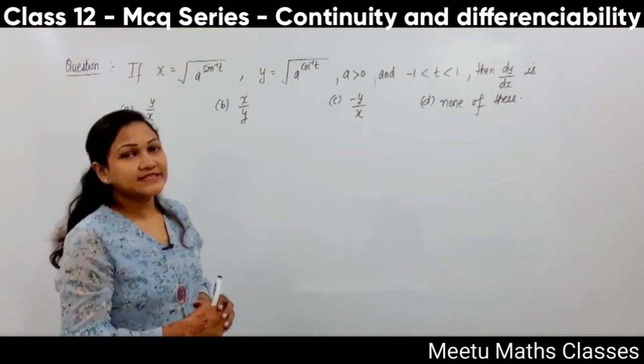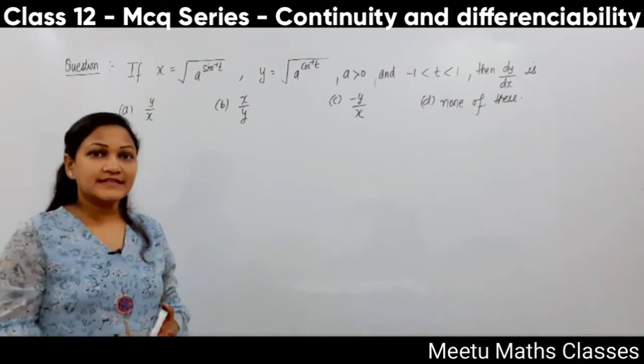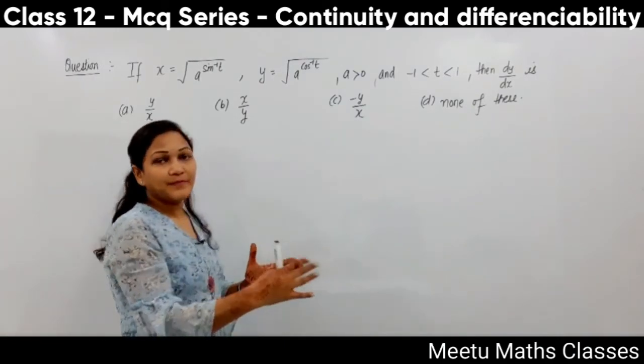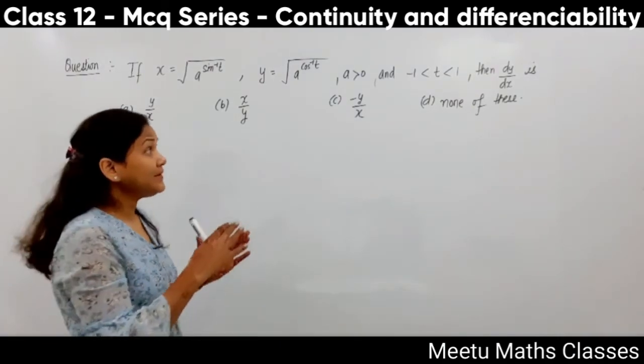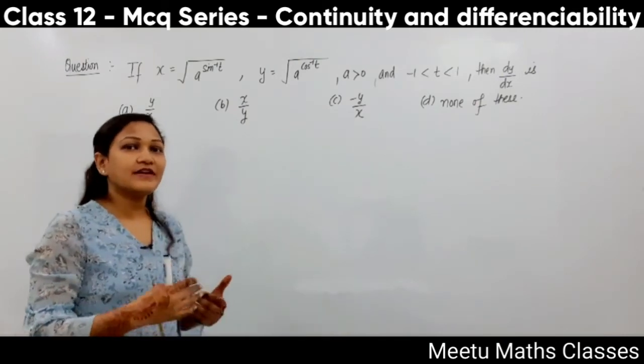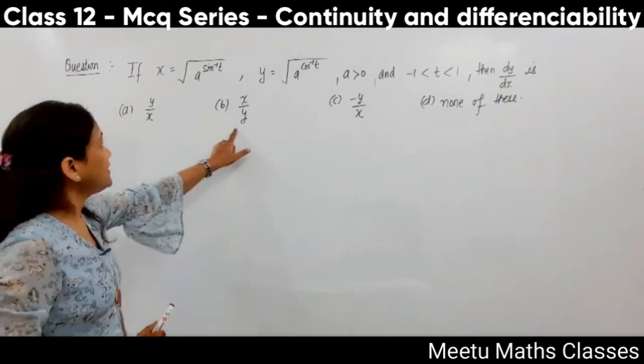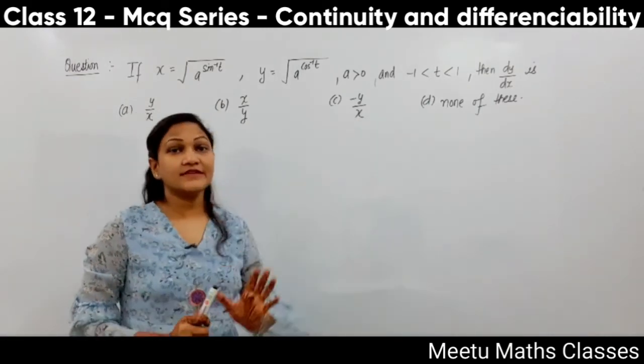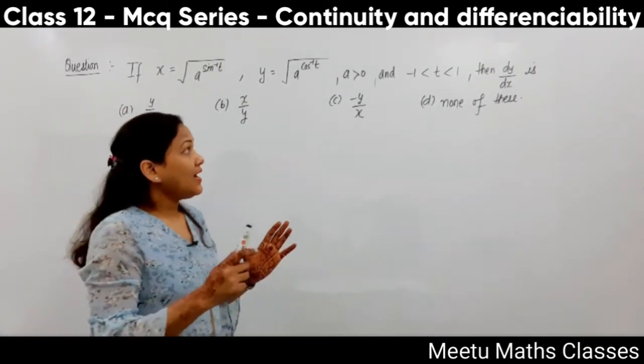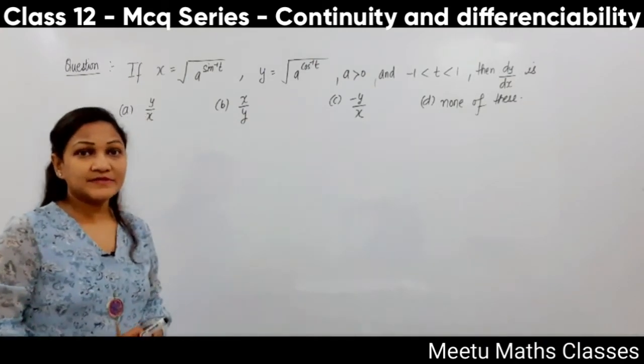So how do you find dy by dx in such a case? dy by dt upon dx by dt. But in that case, your derivative dy by dx will come in terms of t. But if you check the options, your options are not coming in terms of t. So you have to eliminate t first.